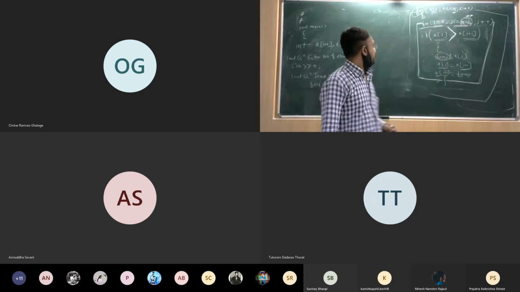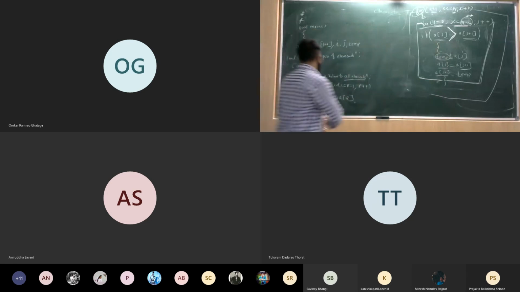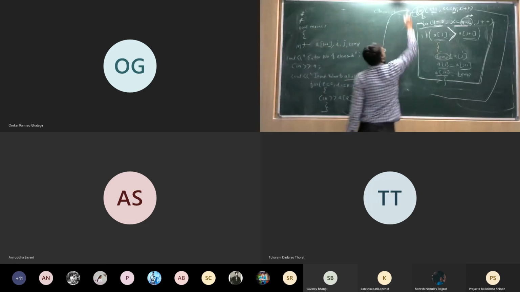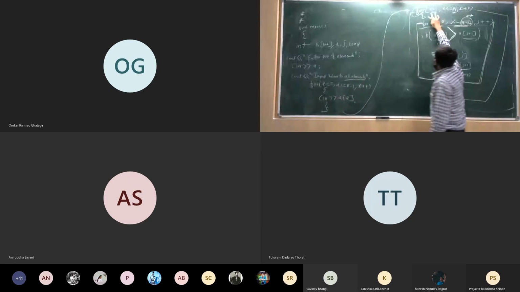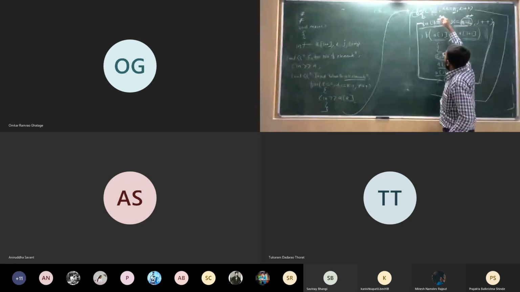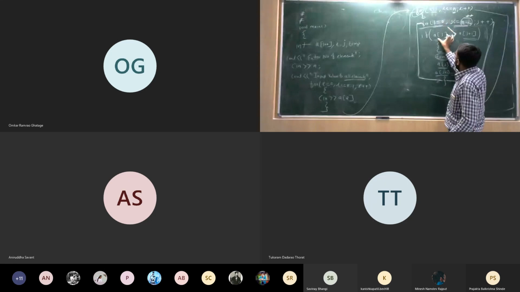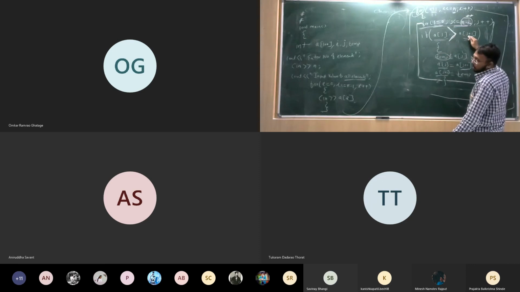So second step, now we can use this particular part. Here we are going to compare. When the i value is equal to 1, the first pass is going to start, j is equal to 0. So a[j] and a[j+1], that is 0 plus 1.